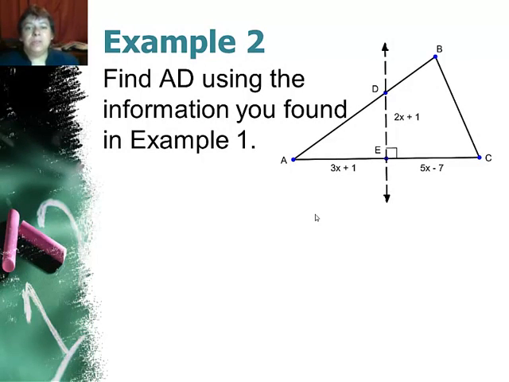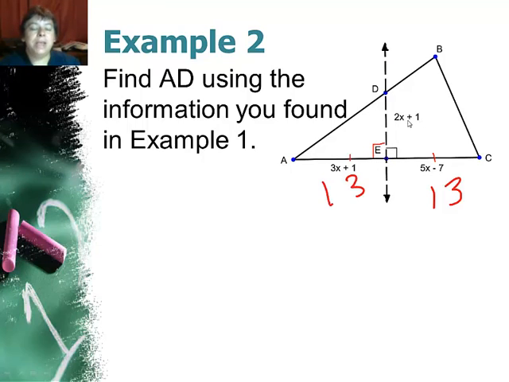Now, we're still using the same problem, so I'll put some of the values we already know. This was 13 from the previous problem. Since this is a perpendicular bisector and these segments are congruent, then I know that this is also 13 on the left. And they want me to find length AD. Well, one of the things that's important to know is that it's perpendicular, so that means this is a 90-degree angle. So I have a right triangle.